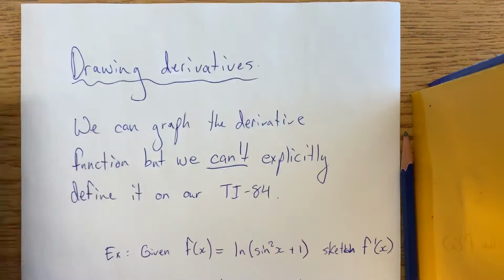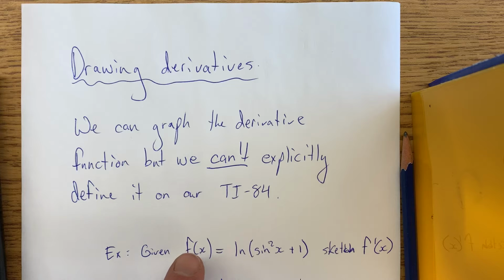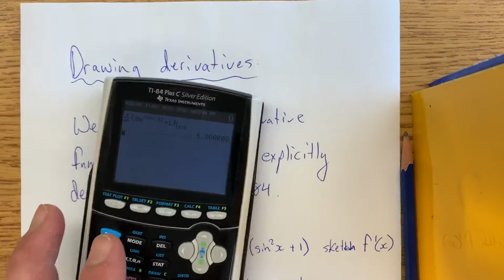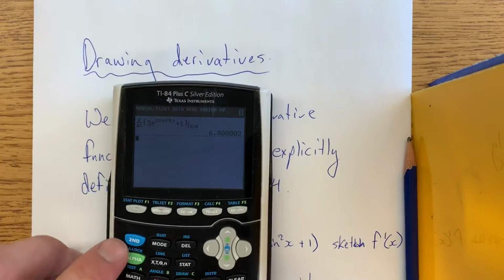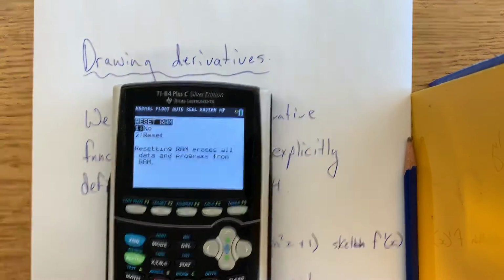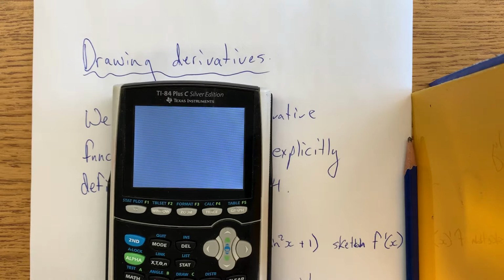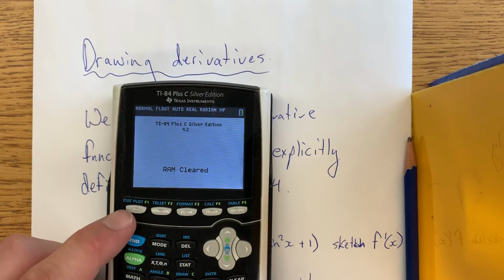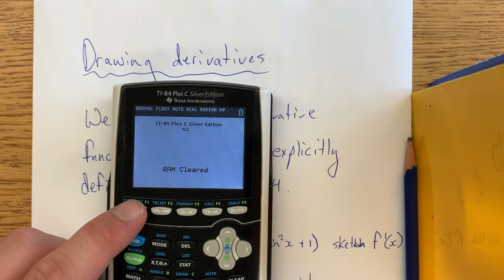So I'll take my TI-84, and I'm going to graph the derivative, f prime of x, of this function. f of x equals ln sine squared x plus 1. So, take my graphing calculator, and I'll just reset it. It's just easier than clearing everything out and retyping and setting a standard window.